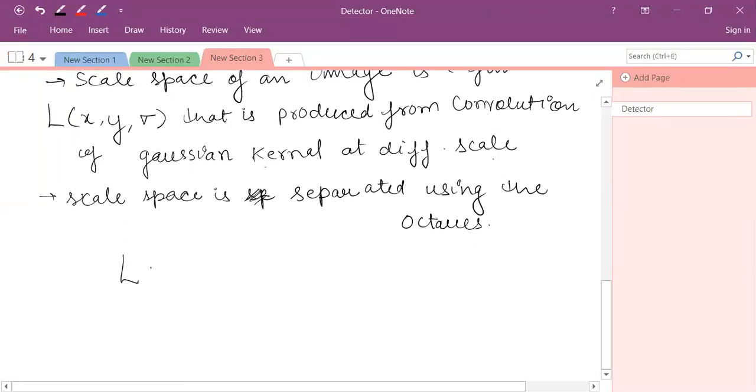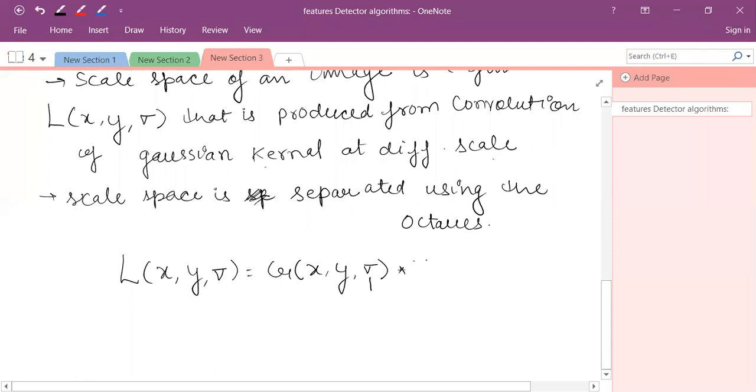So this function can be written as X, Y, sigma, and over there you have to apply the Gaussian kernel over the XY coordinates, and this one is the sigma and the image.